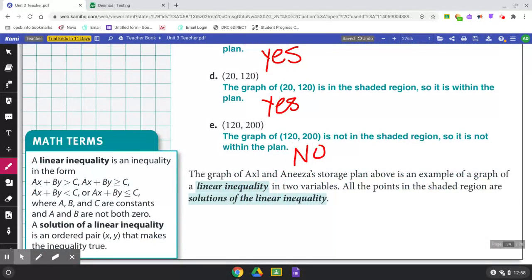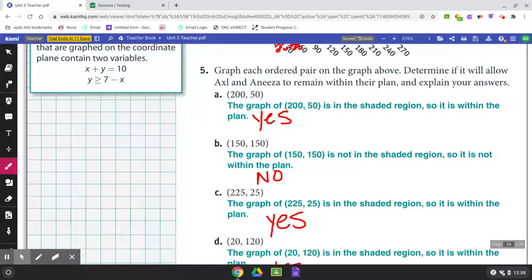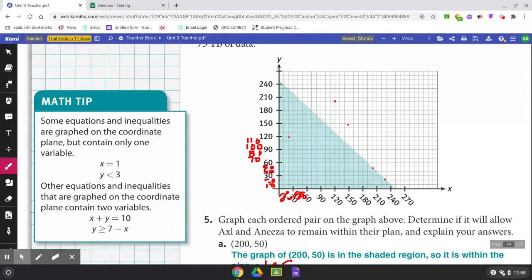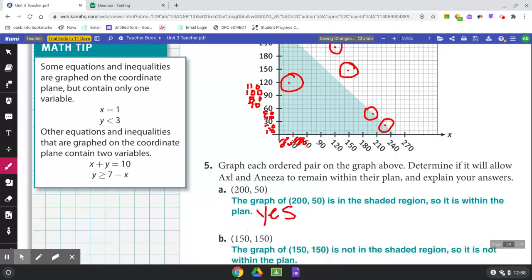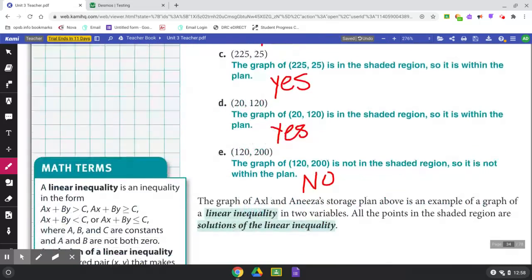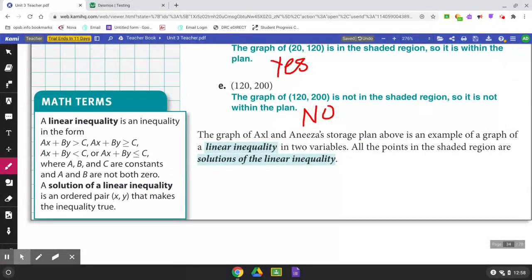Okay, so the point is, if you graph these points that are given to you, and the points lie in the shaded region, which are these 3 points, in the shaded region or on the line, then they are solutions. If these other points outside do not, then they are not solutions. So the graph of Axel and Anisa's storage plan above is an example of a graph of a linear inequality in 2 variables.